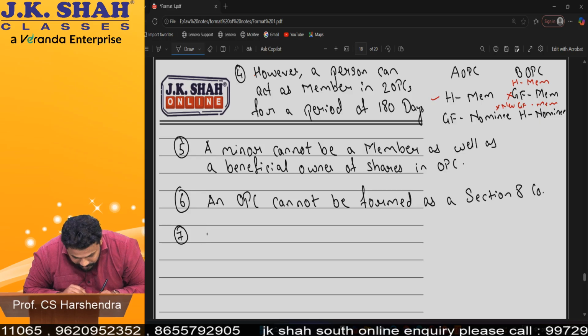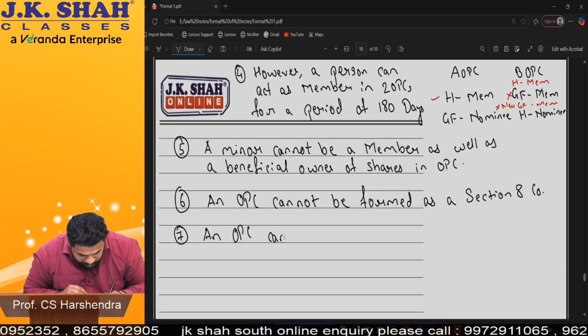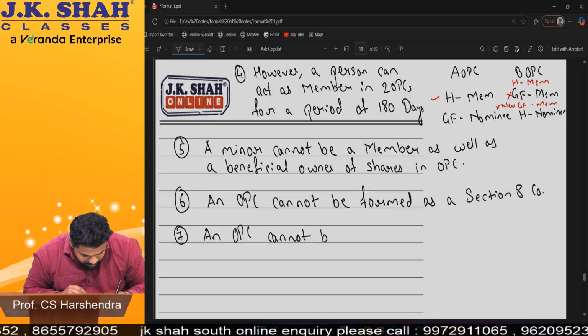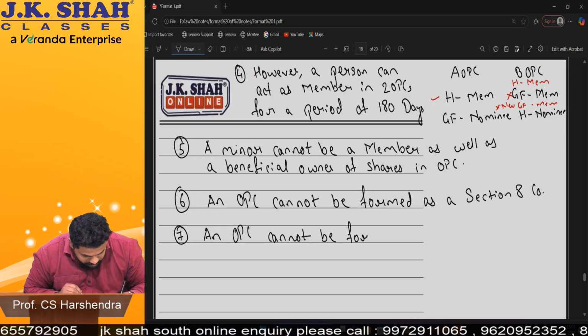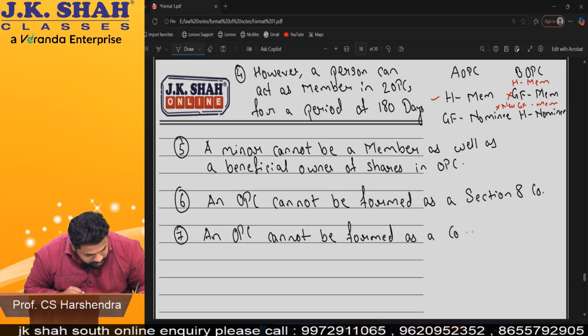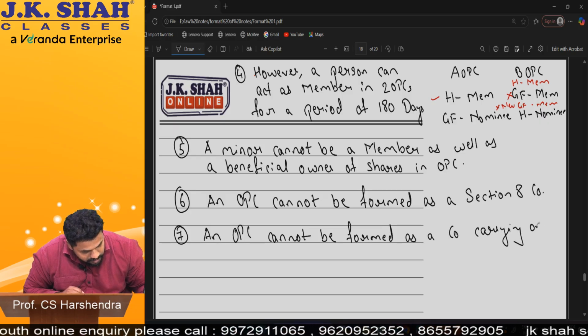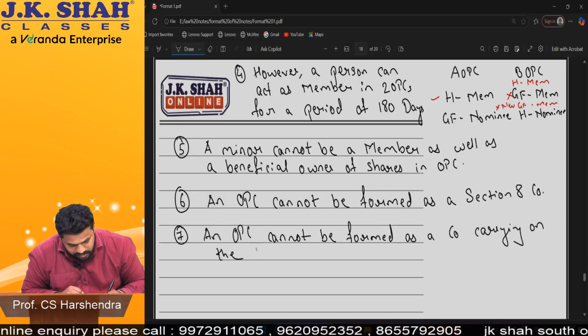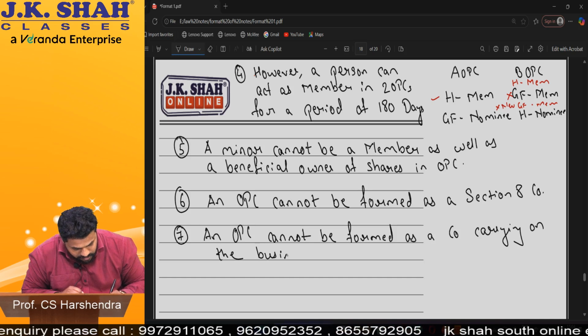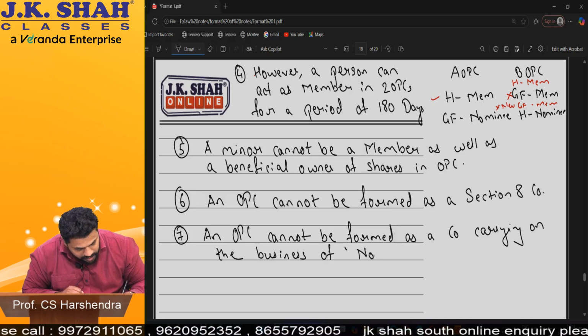So an OPC cannot be formed as a company carrying on the business of non-banking financial investment activities.